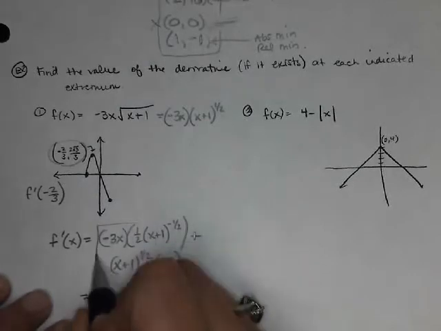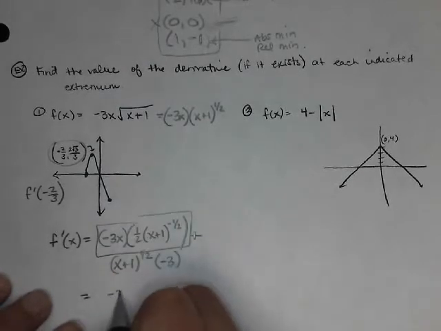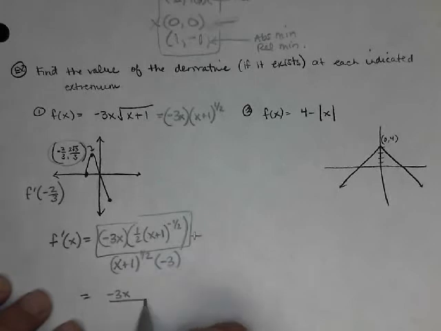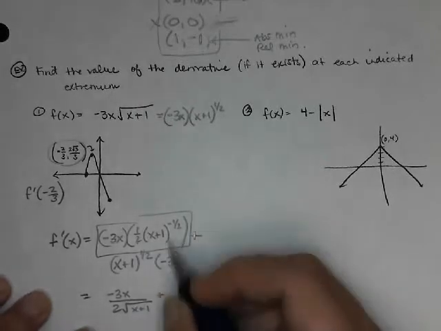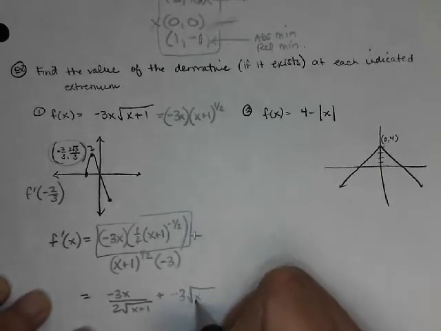So if I'm simplifying first this piece, I have negative 3x on top over the 2 and then root x plus 1 on the bottom, plus negative 3 root x plus 1.